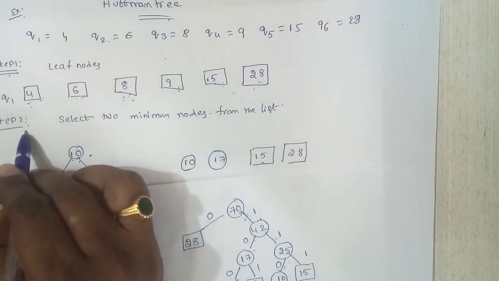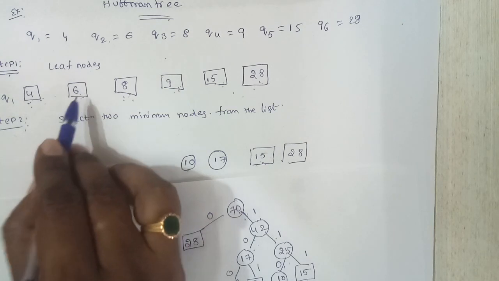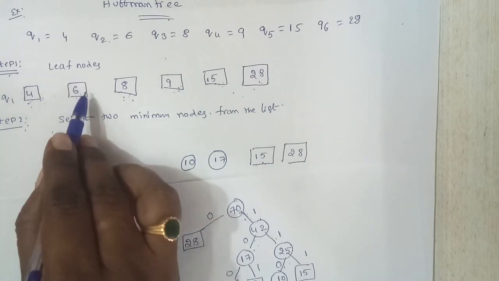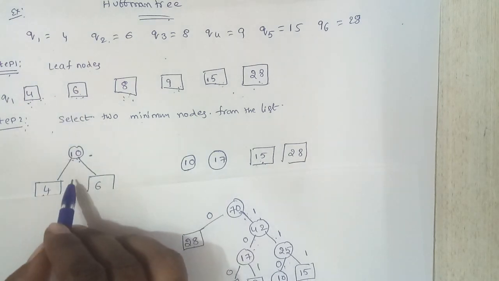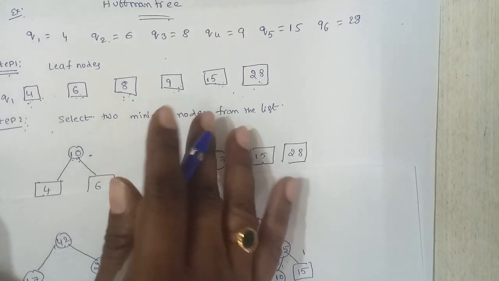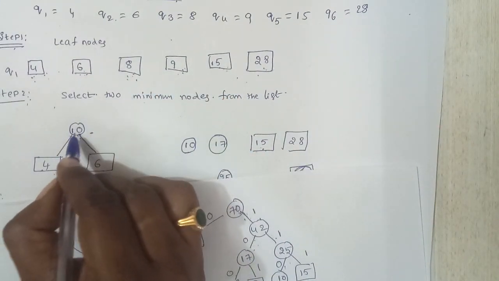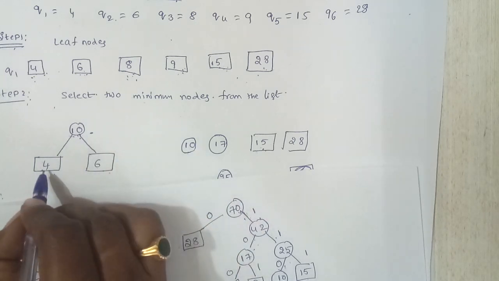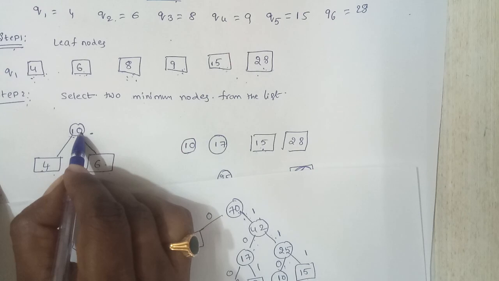In the second step, select the two nodes with the minimum value in the list. In the third step, construct a binary tree by creating the internal node as the sum of the minimum two nodes. That is a merge operation.